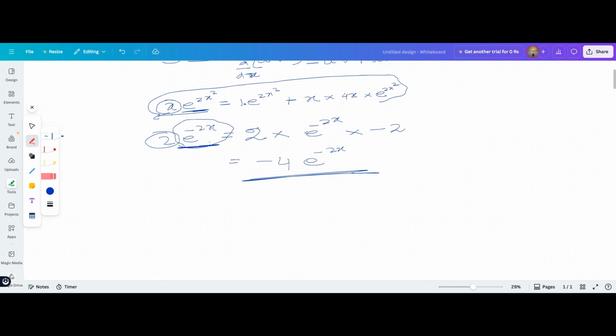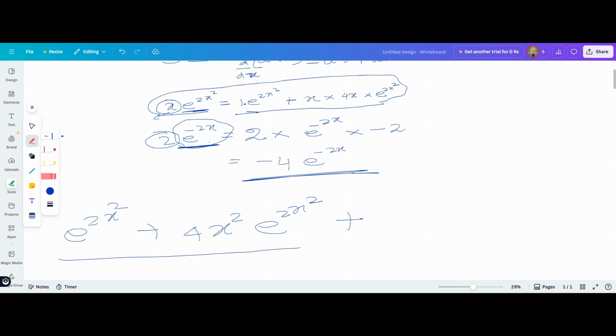So the final answer is e to the power 2x squared plus 4x squared into e to the power 2x squared, which is the differentiation for the first part, plus minus 4 e to the power minus 2x.